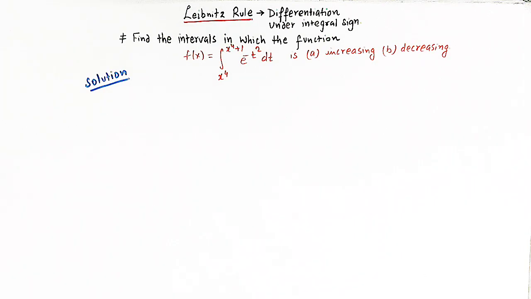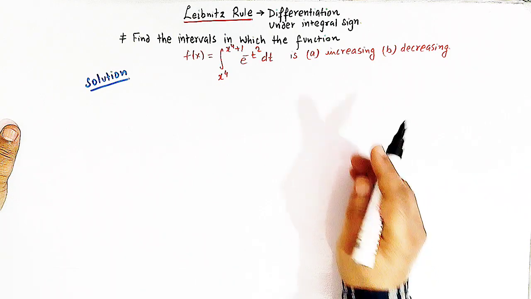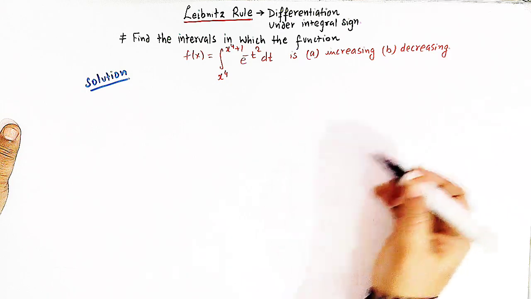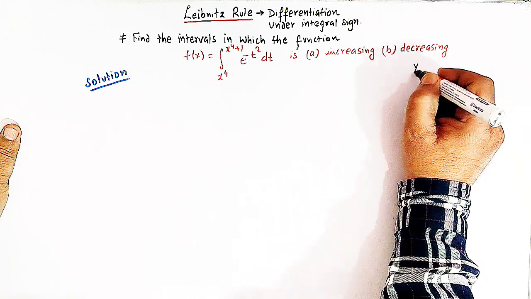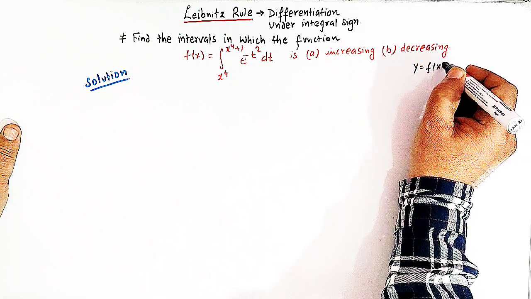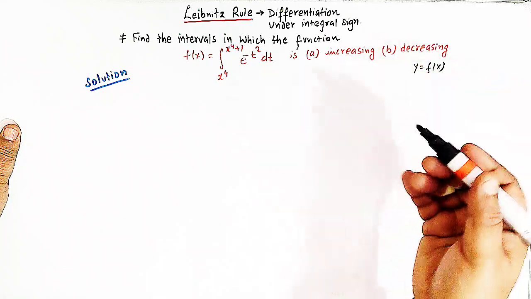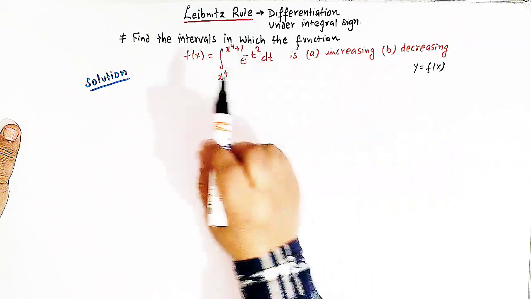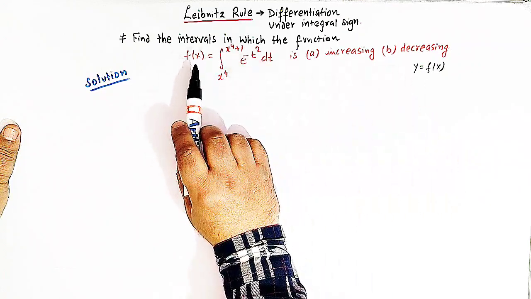So now let us first quickly see the definition of increasing and decreasing function, right? Suppose we are given a function, say y is equal to f of x. Here we are not going into the detail, but we are discussing only the concept which we will use while solving this problem.